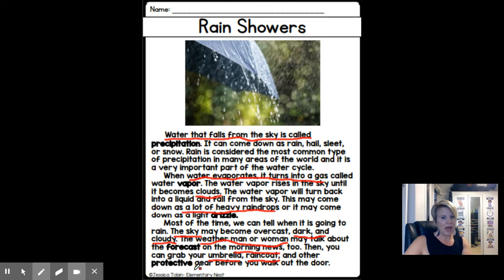And so I'm going to underline gear also. So if I know that umbrella and raincoat are gear, then protective must mean that it's something that's going to keep me safe or keep me from getting exposed to the rain. Because an umbrella keeps me from getting wet and a raincoat keeps me from getting wet. So I think protective means something to keep me safe or keep me from being exposed to the rain.